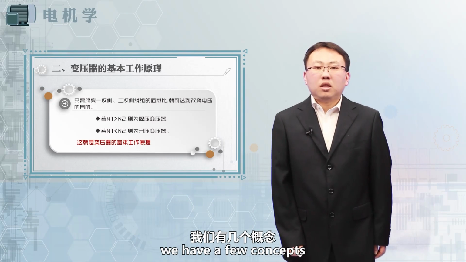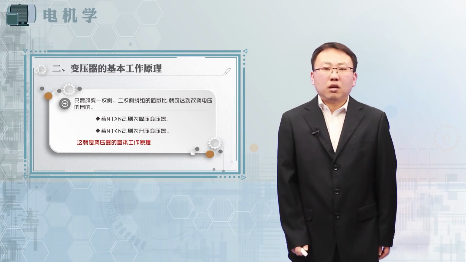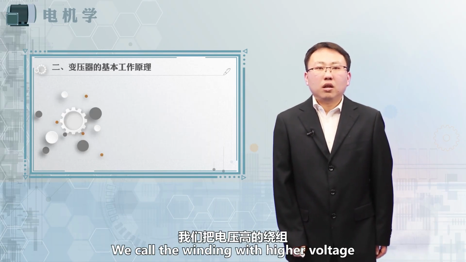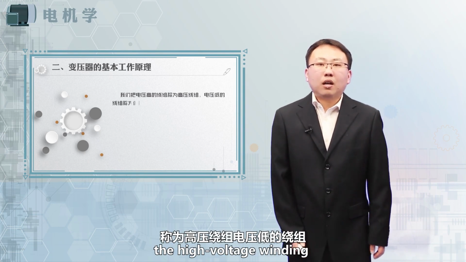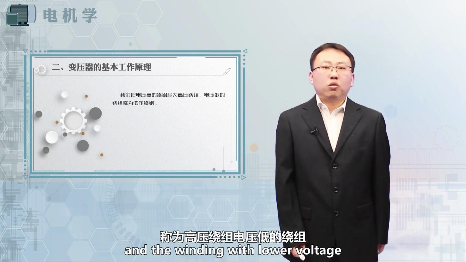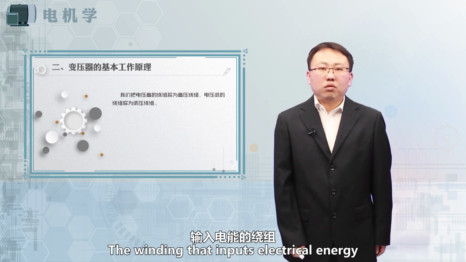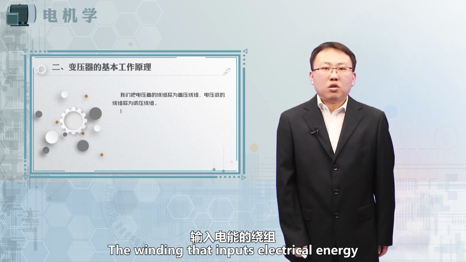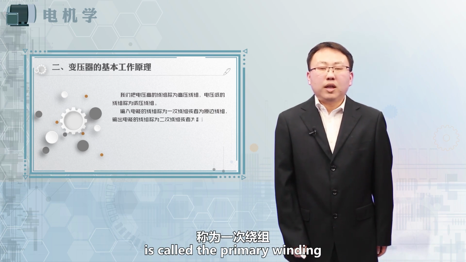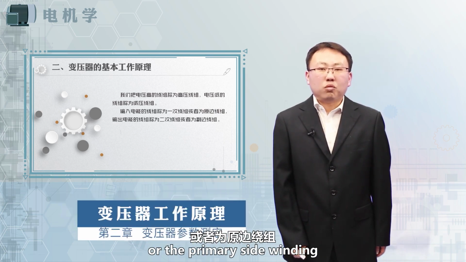Next, we have a few concepts to emphasize. We call the winding with higher voltage the high voltage winding, and the winding with lower voltage the low voltage winding. The winding that inputs electrical energy is called the primary winding, or the primary side winding.